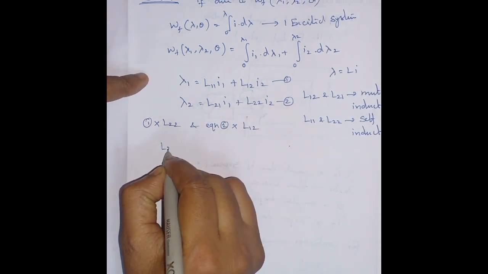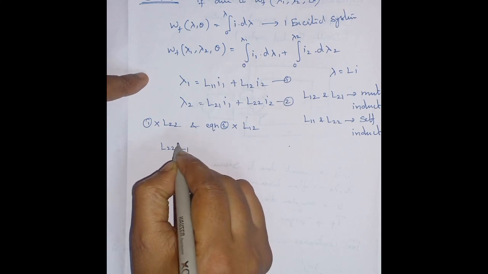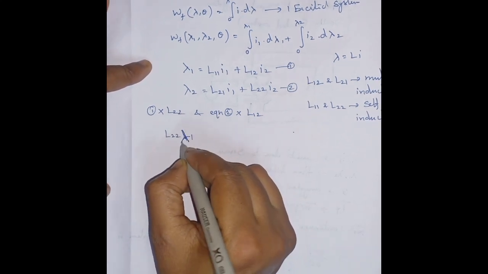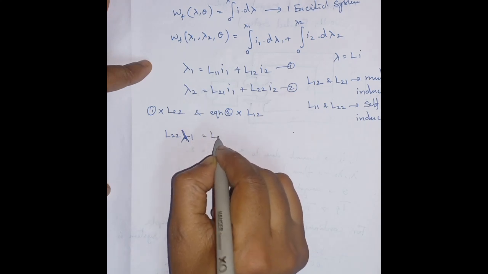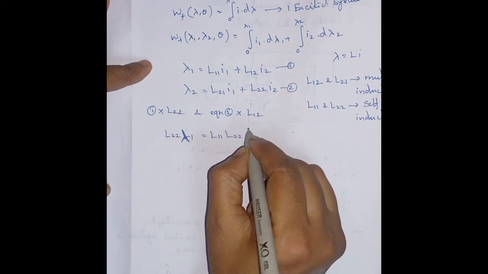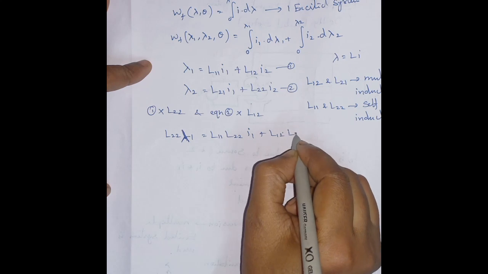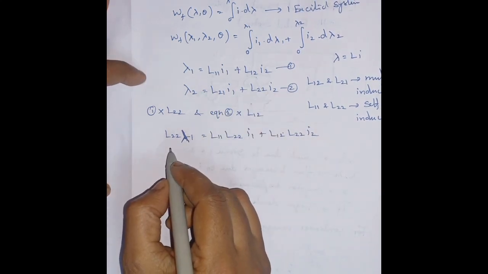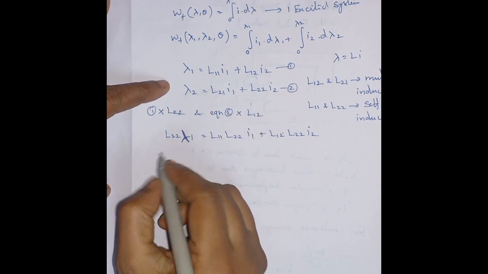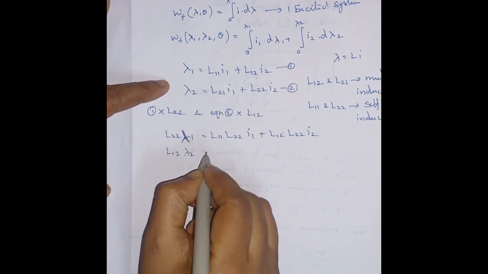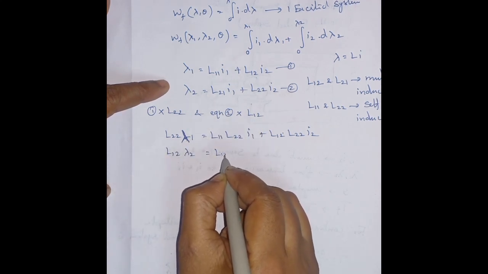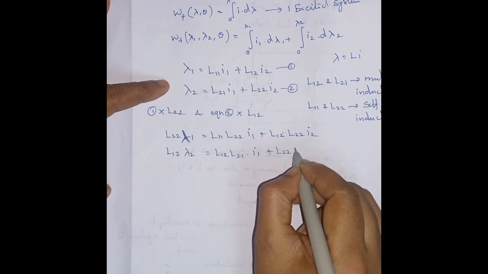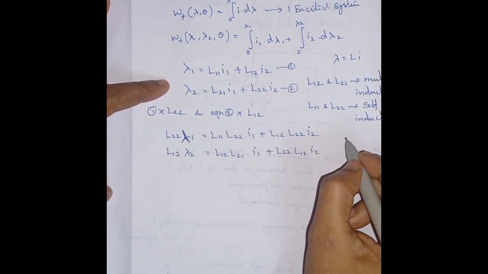Okay, so L22 lambda 1 is equal to L11 L22 I1 plus L12 L22 I2. Similarly, the second equation we multiply by L12, correct? So L12 lambda 2 is equal to L12 L21 I1 plus L22 L12 I2, correct?